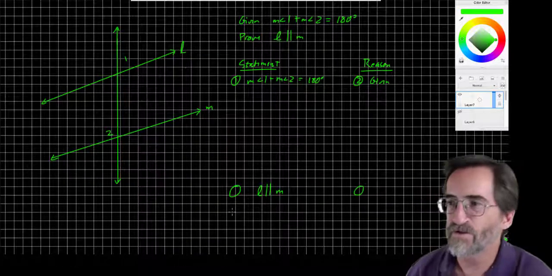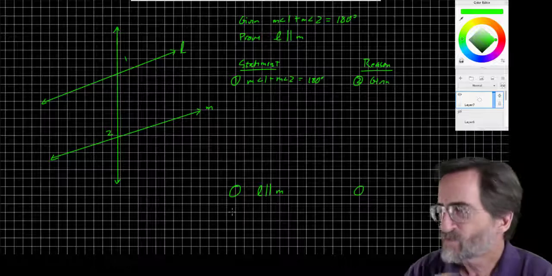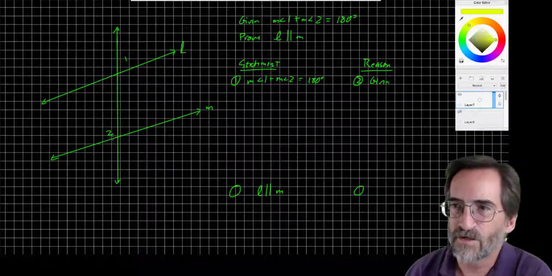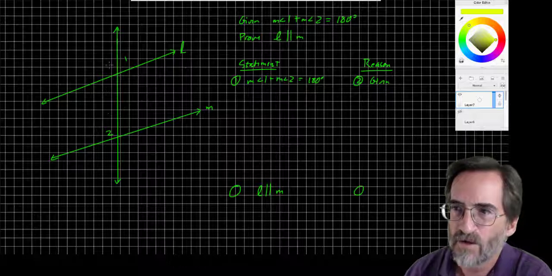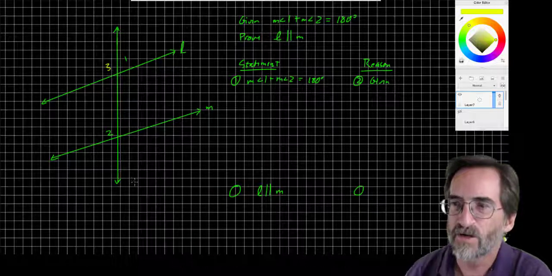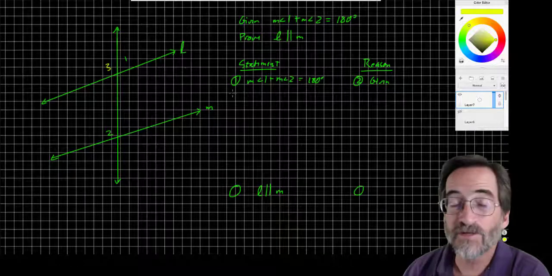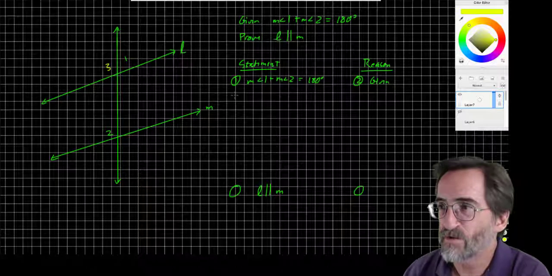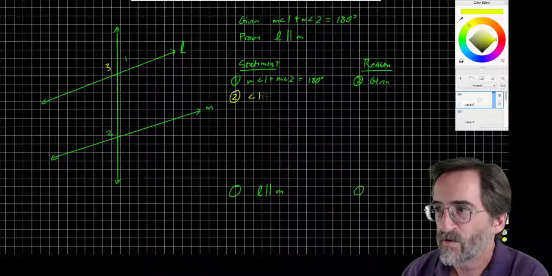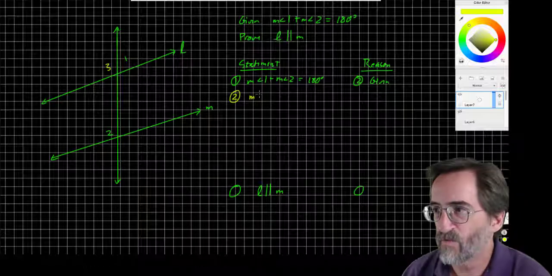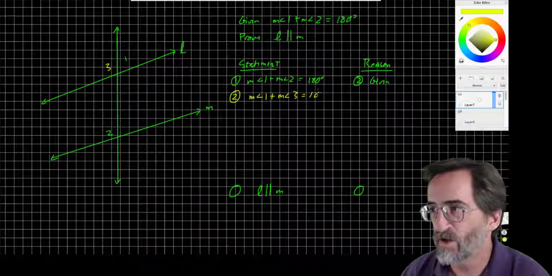L is parallel to M. Okay, to do this, I'm going to label some additional angles here. I'm going to label angle 3 right here. Okay. And here's what I'm going to do, and this is not the only proof of it, but it is a logical one. Step 2, measure angle 1 plus measure angle 3 is 180.